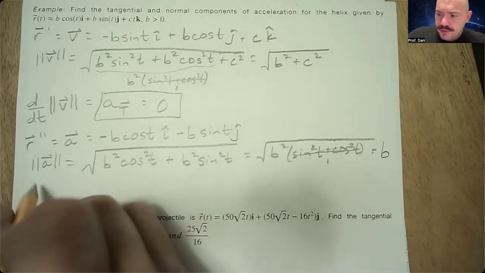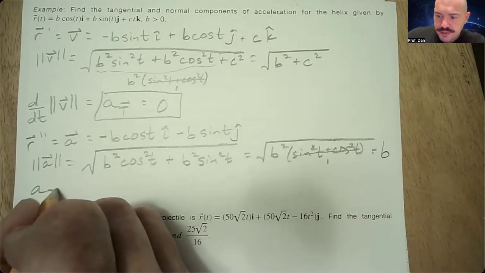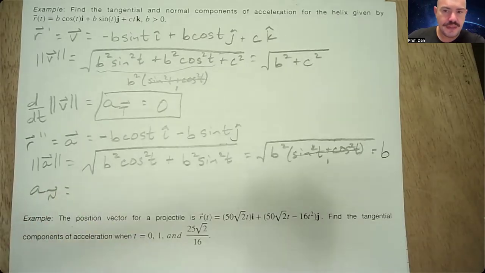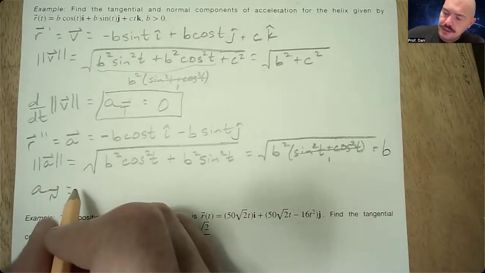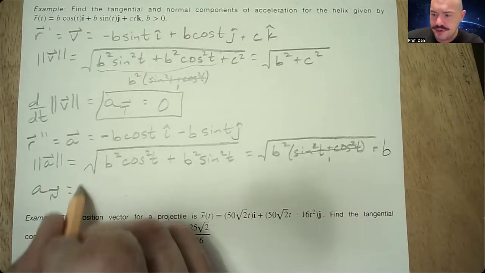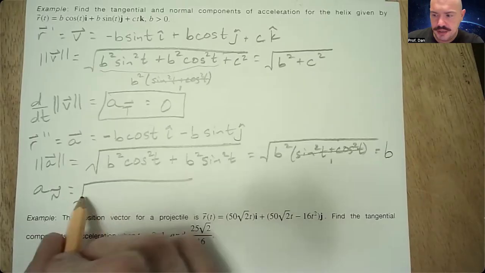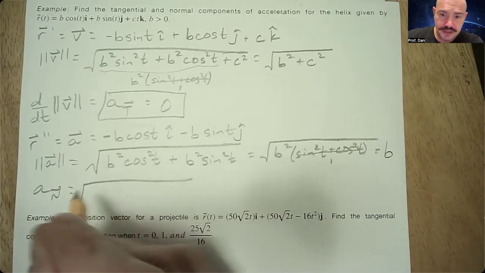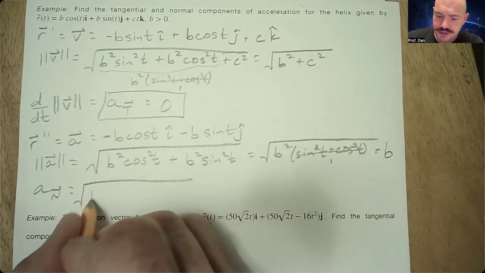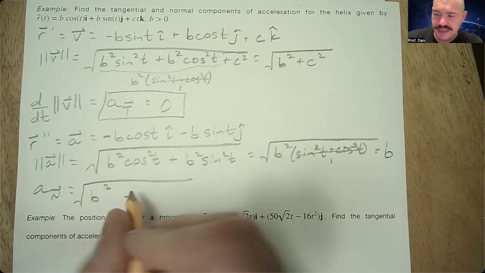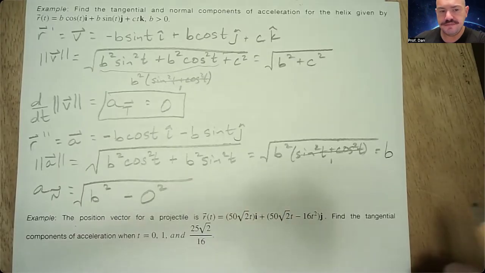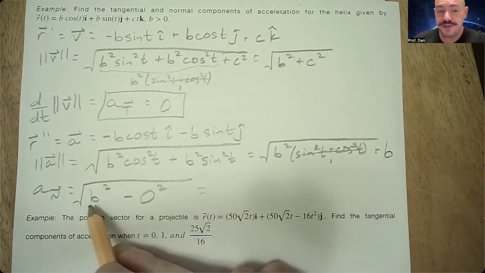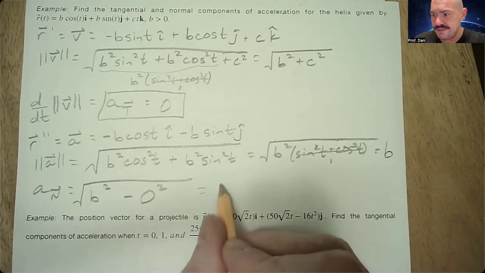Now, if I were to go for my normal component of the acceleration, a sub n, we have the square root of the magnitude of my acceleration squared minus the tangential acceleration squared. That gives us the square root of b squared. Guess what? That's b.